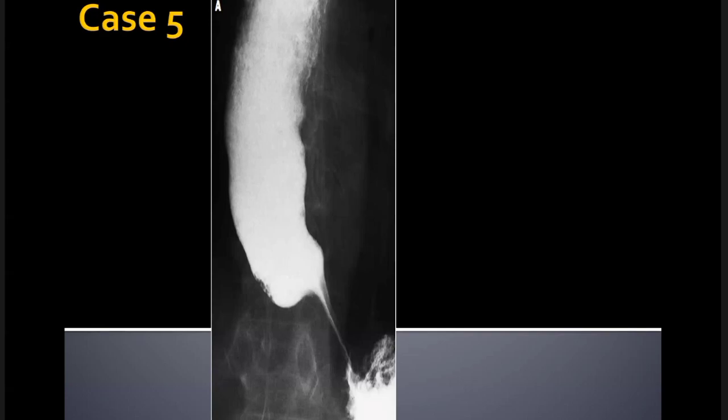Or if we are able to find any cause, for example, massive dilatation in case of scleroderma, or if there is any filling defect or shouldering or things like that, which can point towards any etiology, then we would label it as secondary achalasia. Okay.